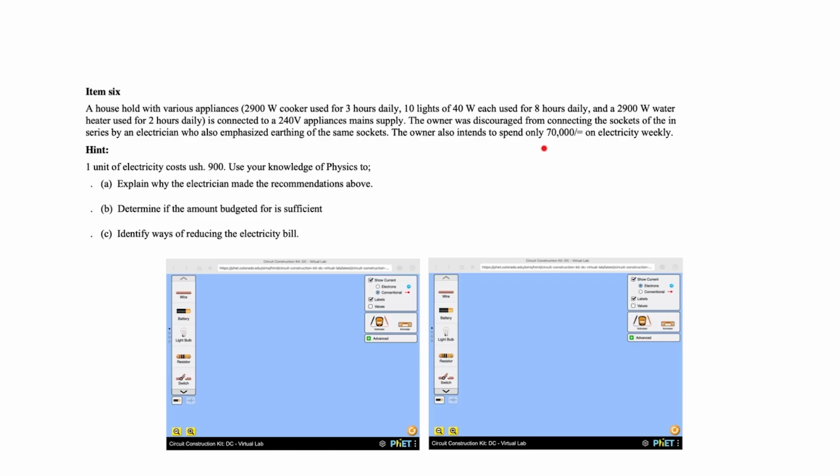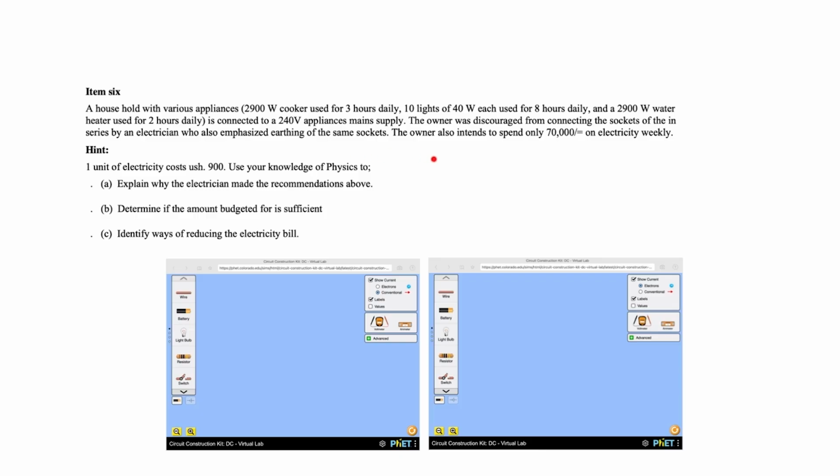and a 2,900 watts water heater used for 2 hours daily is connected to a 240 volts main supply.